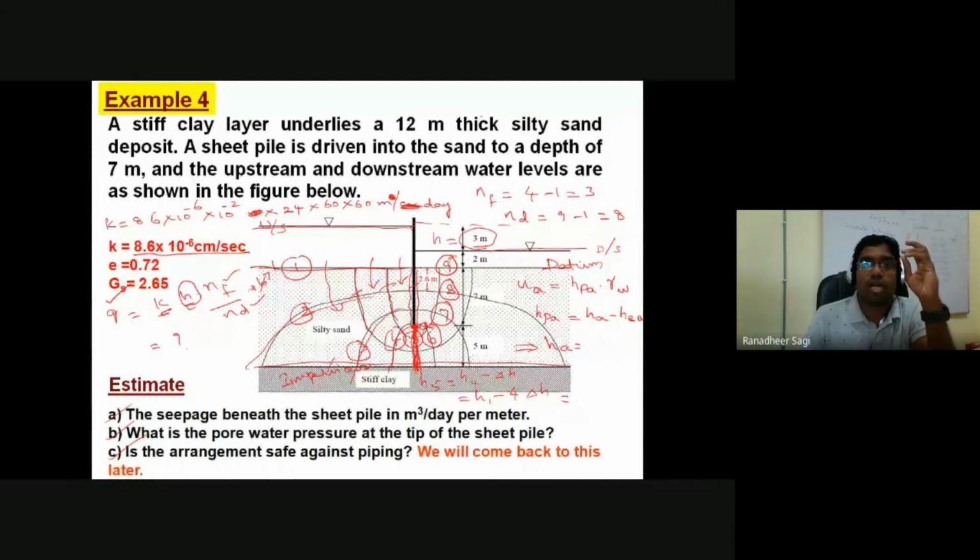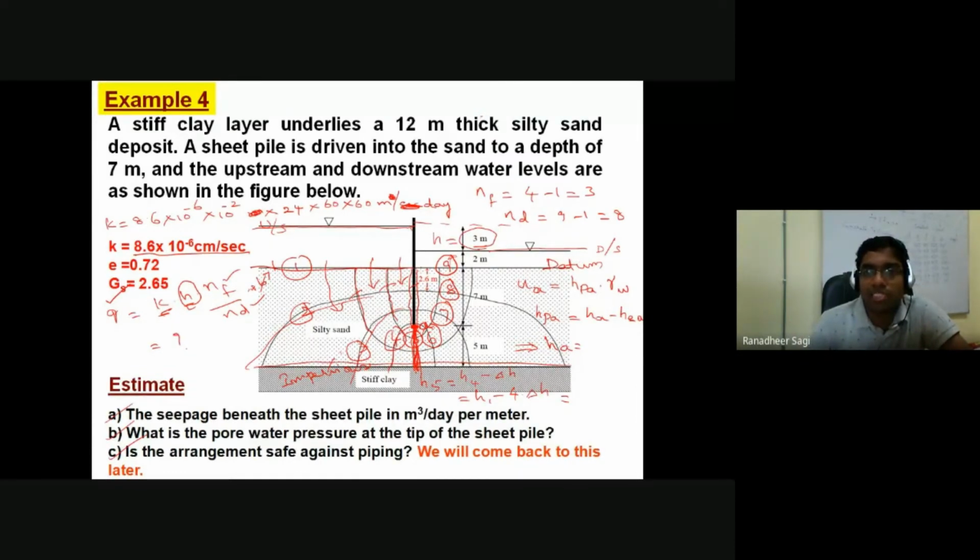I repeat, you have to be a little careful. Total head values and elevation head values would certainly be affected by the position of your chosen datum, but ultimately your pressure head value, what you are going to calculate, is independent of the position where you have chosen your reference datum. That's what you should clearly understand.